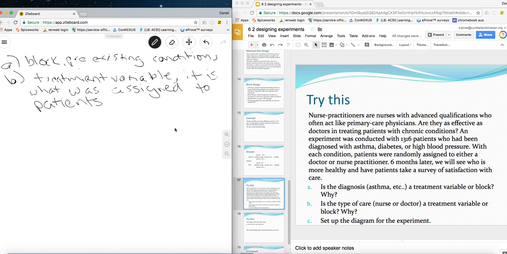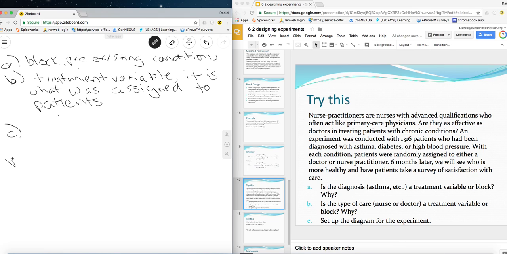Okay, so now we're going to set up our diagram for the experiment. You, once again, really could use a table, or you could use the diagram. It's really up to you which one you like to do. If you decided to do the table, you would do, actually, let's just do a diagram, because we were talking about blocking, so that'll make it a little bit easier.